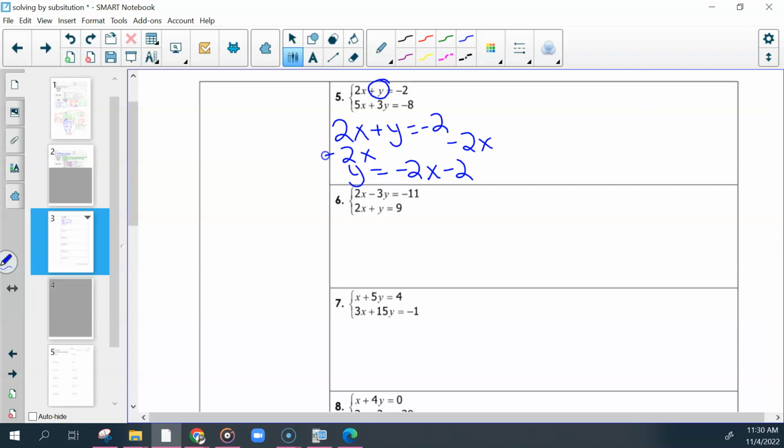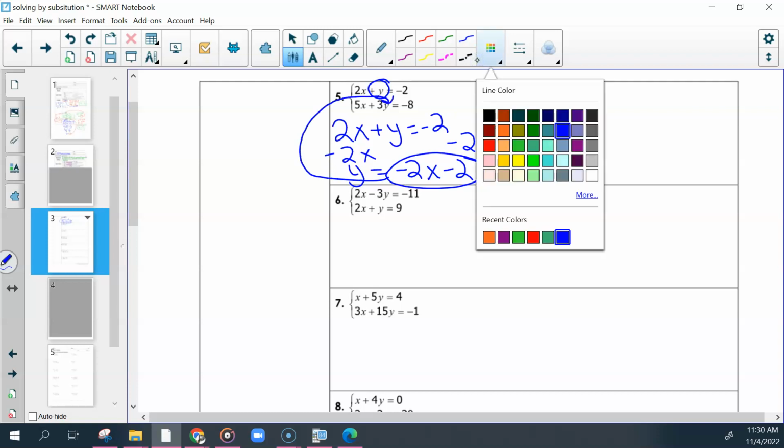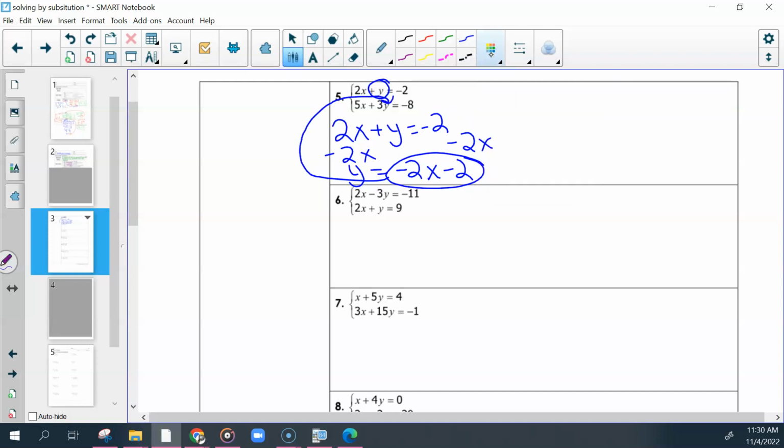Then we can start the process of taking this, putting it in for y of the other equation. So rewriting that second equation with this in it. 5x plus 3 times negative 2x minus 2 equals negative 8.